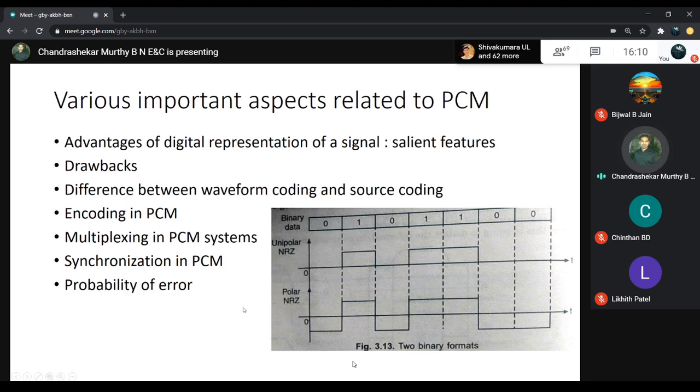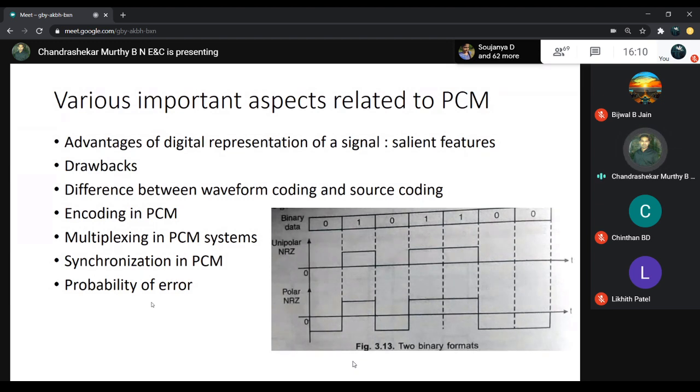If you consider white Gaussian noise, the common noise that occurs in all types of signals, that is the AWGN noise. We already discussed the equation in the previous chapter, in the first unit of analog communication. The probability of error, PE, is equal to 1 by 2 error function of 1 by 2 root of E max by N naught.